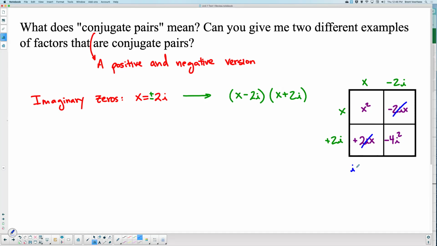If i was originally the square root of negative 1, that meant i squared was equal to negative 1. So what is negative 4 times negative 1? Positive 4. You could cancel that out and say that's equal to positive 4. So rewriting this would be equal to x squared plus 4.